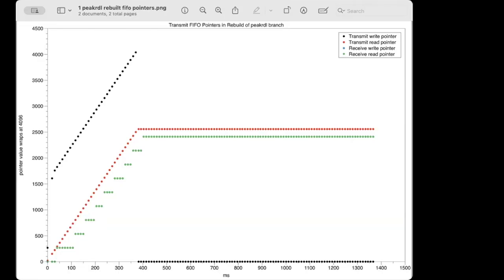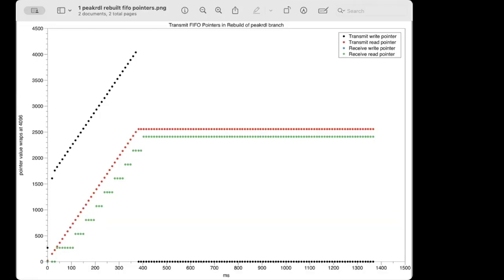So there's this big gap between the black line and the red line for a while, and that's an initialization problem pretty clearly. And then sometime around time equals 370, it just stops. And that happens to coincide with when the write pointer wraps around, suspiciously enough.